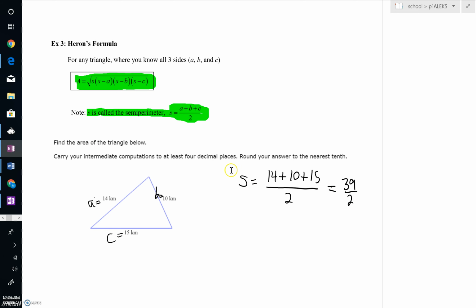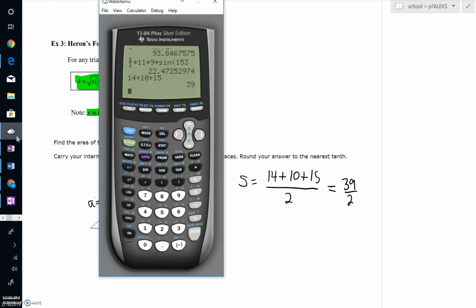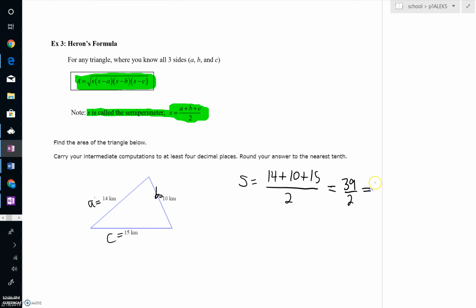I like to get a decimal, honestly. That's why I didn't use the fraction button. Your fraction would have been 39/2, but that's 19.5. Now the area is the square root of s times s minus a, s minus b, s minus c.